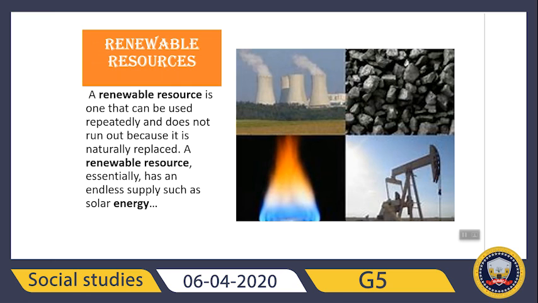It means they cannot be finished. For example, wind, sun, rain, plants cannot be finished because it's not in human control. Allah Almighty is controlling all these things.